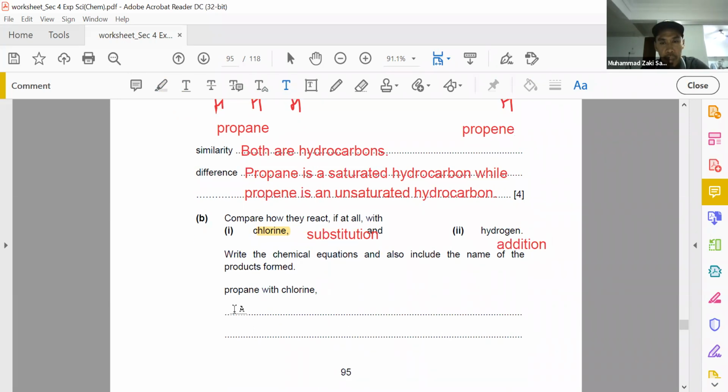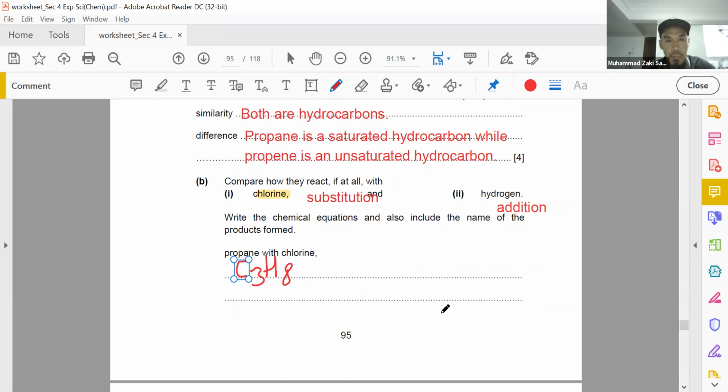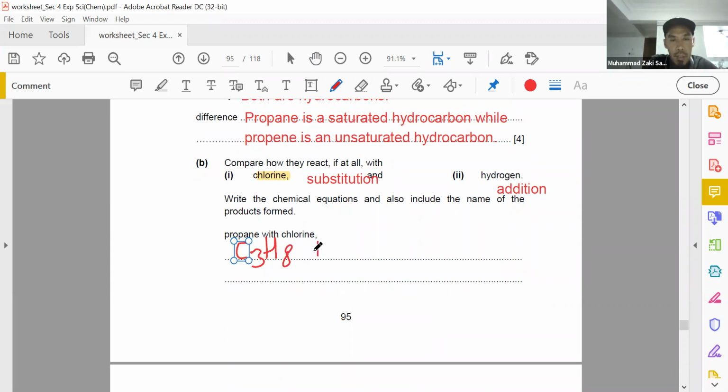Now propane with chlorine. Write down the chemical equation, also implement. So propane with chlorine. Let's write down here. Propane, C3H8, plus chlorine.